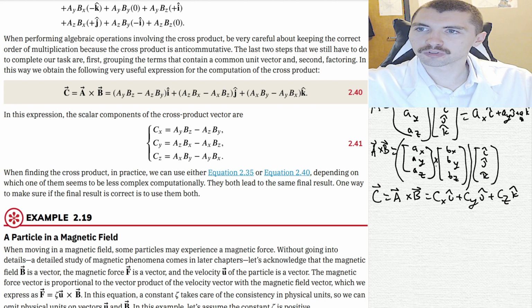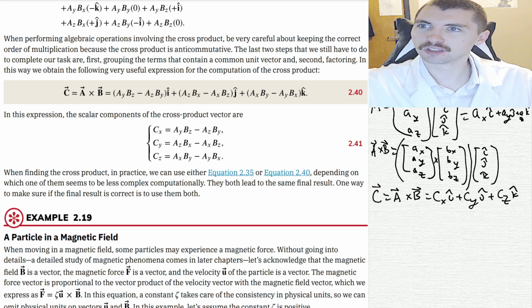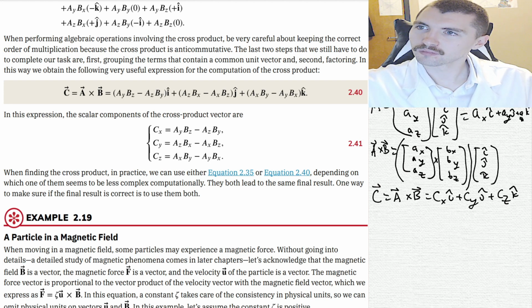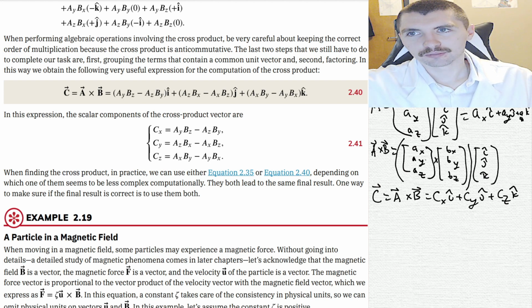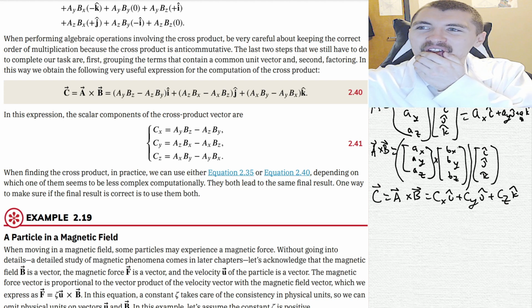So when you do the cross product, you have to multiply by the vector ijk to get the directions, because the cross product itself is just a number or a sum of the components. It doesn't have a direction itself. So these are vectors with a direction.